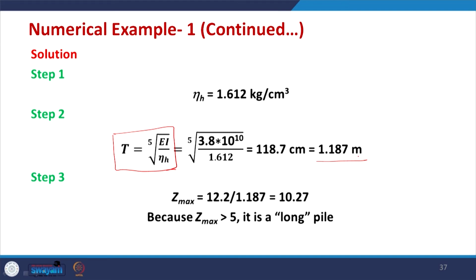In step 3 you get the value of Z max as 10.27. This is the ratio of 12.2 divided by 1.187. This being greater than 5, it is a long pile, so it is not an issue. This will qualify as a long pile, and the solution given by Reese and Matlock can be used for this case also.